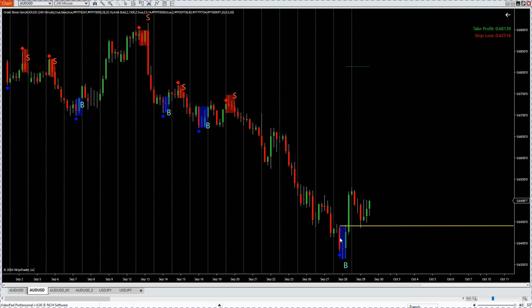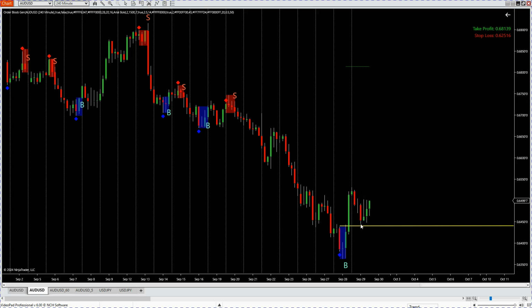We see here that we come down, get a signal, it makes a move to the upside, then it retraces back to that level where the line is, at the high of this candle. Now we're starting to see a shift in momentum to the upside.